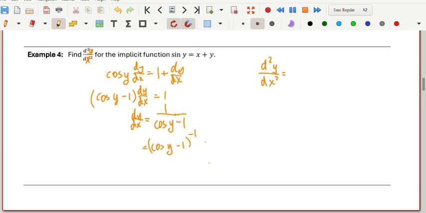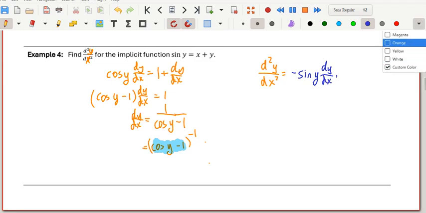Let's see how this looks. So I'm going to take the derivative of cosine y minus 1 first, and I'm going to put that out front. So the derivative of cosine y minus 1 is, missing something, dy dx, yep, times, back to orange, yep, times negative 1.